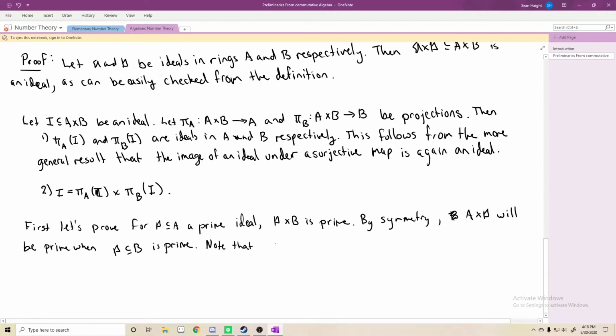Note that we have this surjection π_A from A cross B to A. The first isomorphism theorem gives us an isomorphism.